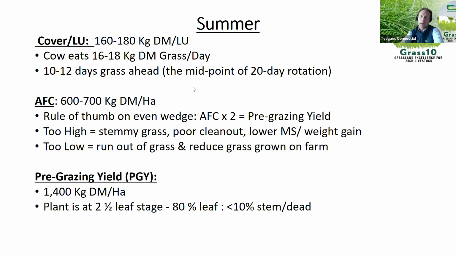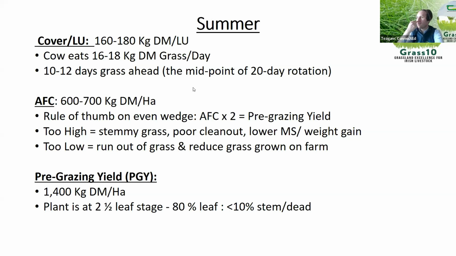Back to the pre-grazing yield again, this is why we try to keep it at 1400, 1500, on the money. The plant is at somewhere between the 2.5 and 3 leaf stage. Why do we need it there? Because it's 80% leaf, and there's less than 10% stem or dead material.